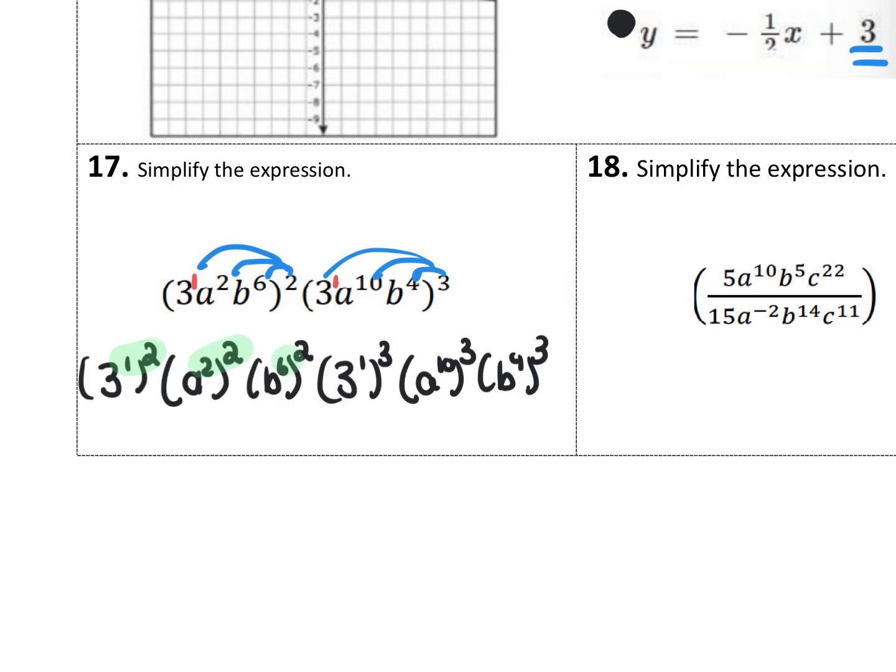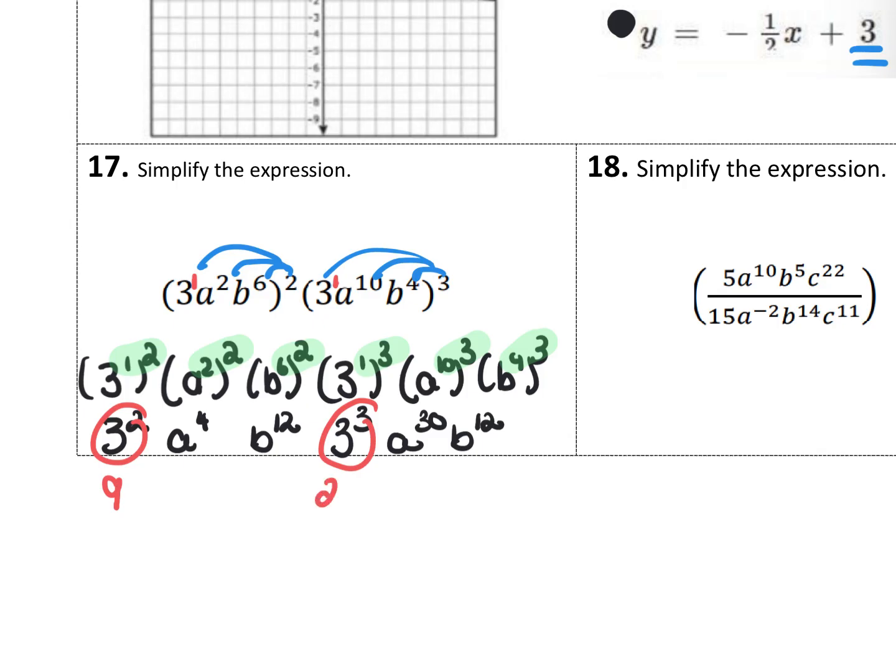Now we are going to go through and multiply the powers, a power to a power. So I get 3 squared, a to the 4th, b to the 12th, 3 to the 3rd, a to the 30th, b to the 12th. This in a calculator is 9, and this in a calculator is 27.